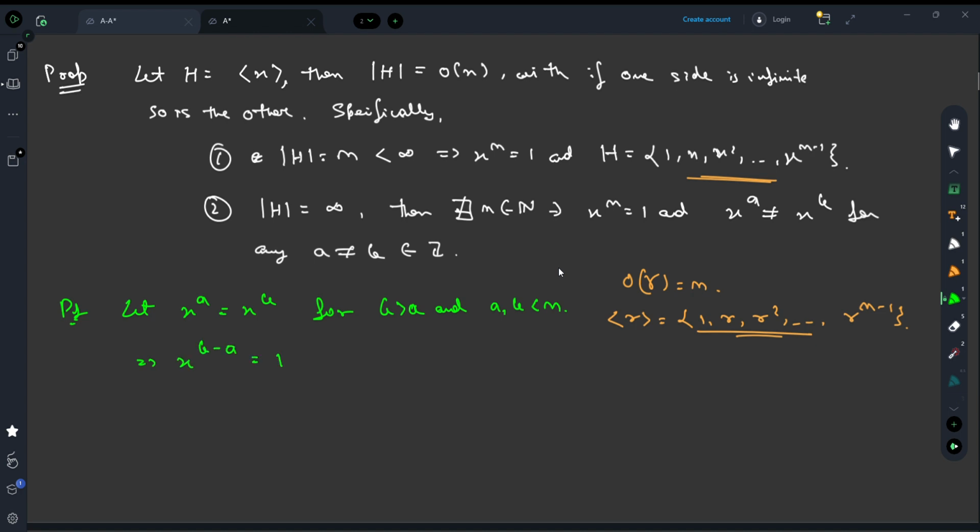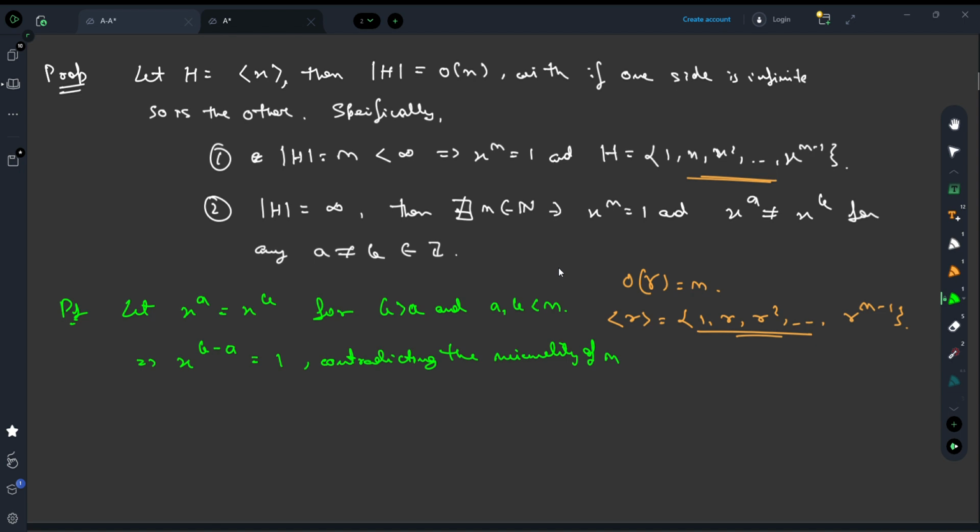But this means that x to the power b minus a is 1. Now if a and b are both less than n, then b minus a is also less than n, so this contradicts the minimality of n.